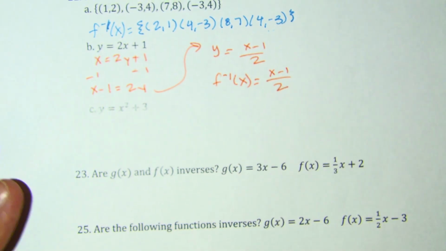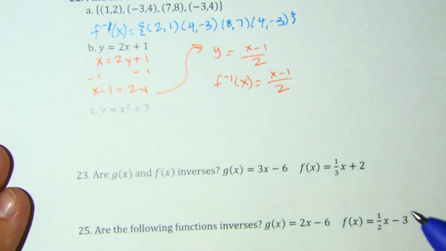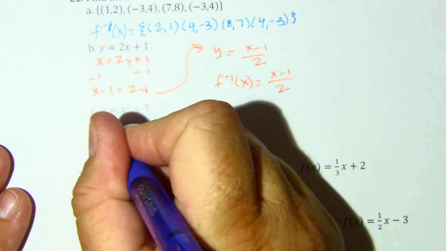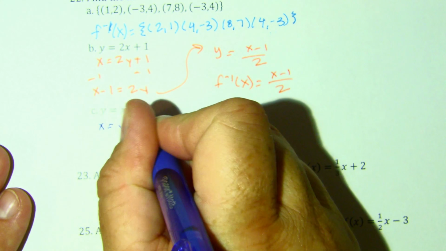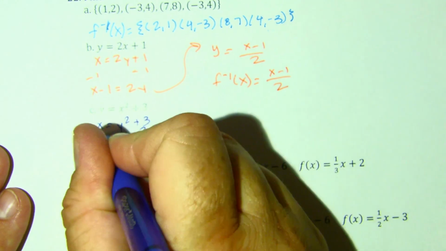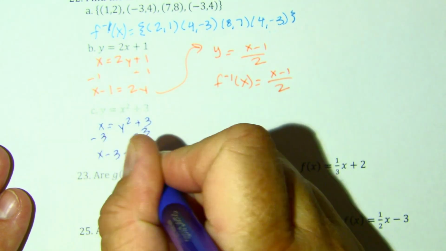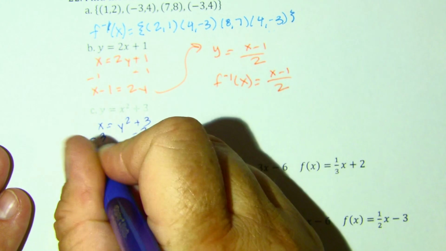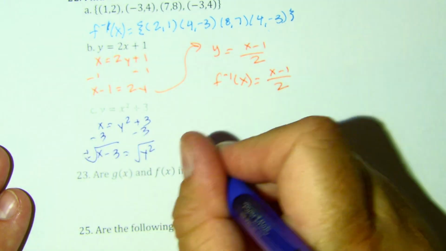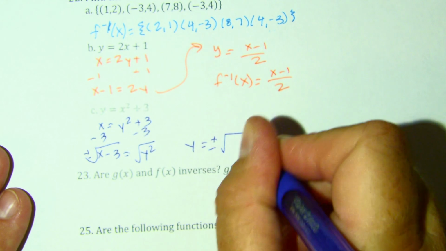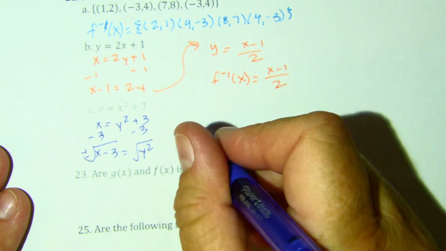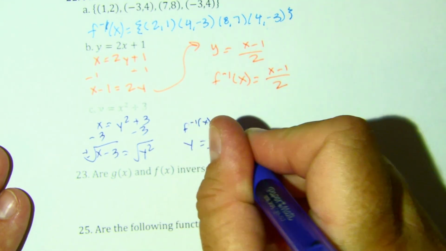We can do this if we have a square as well, even if we have a quadratic equation. Switching x and y, subtracting 3, x minus 3 equals y squared. Square root both sides, plus or minus sign. Y equals plus or minus the square root of x minus 3. You could also use function notation.